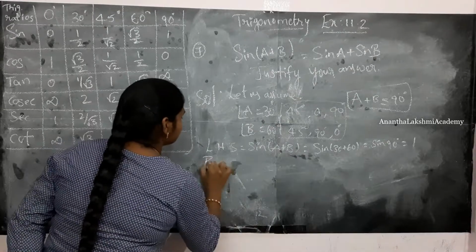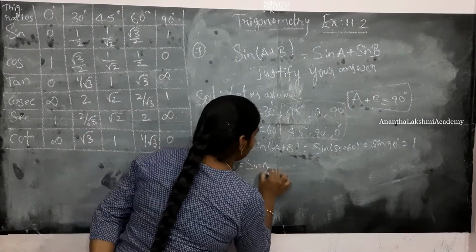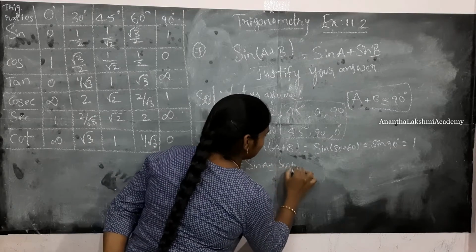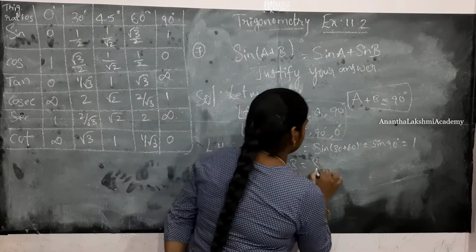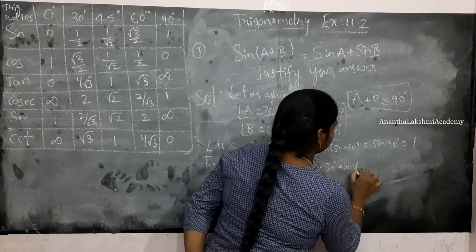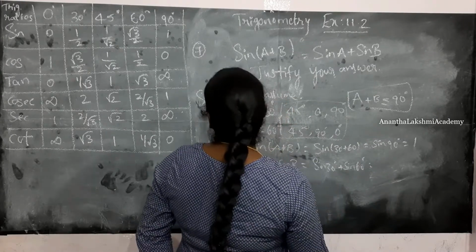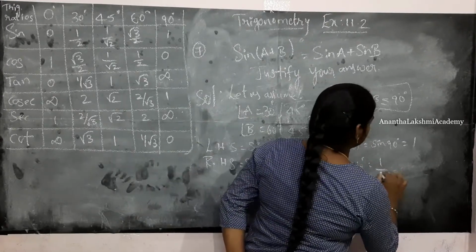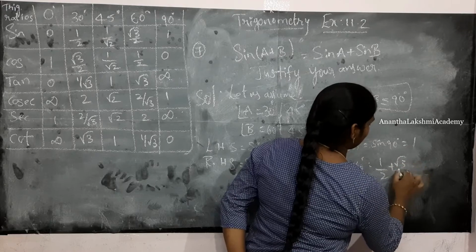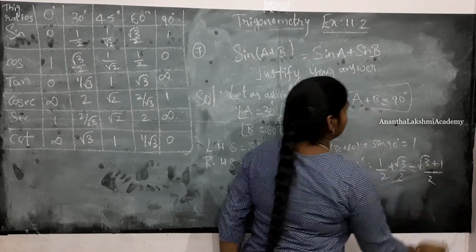Now the RHS: sine A plus sine B, sine 30 plus sine 60. Sine 30 is 1 by 2 and sine 60 is root 3 by 2, which together is root 3 plus 1 by 2.